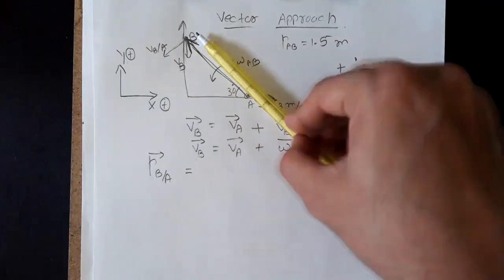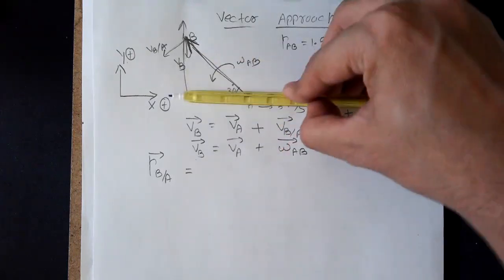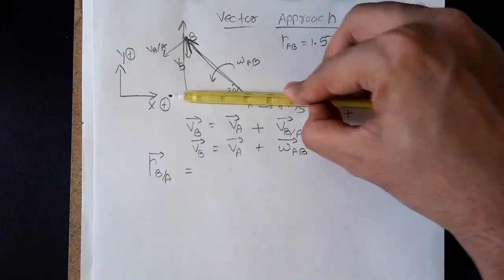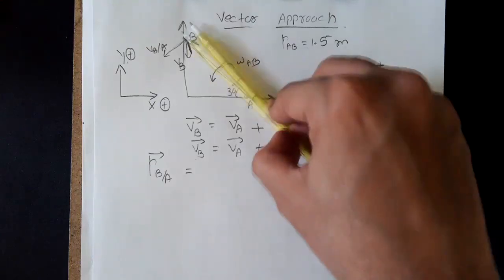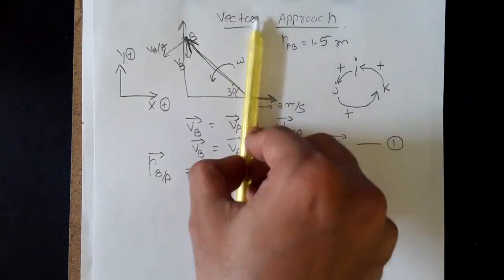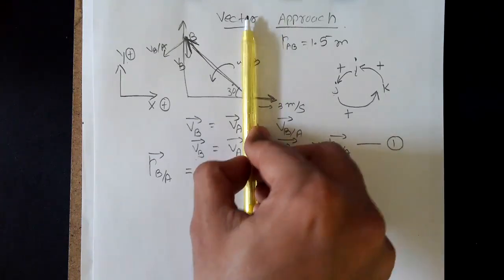So the i component or x component is 1.5 cosine 30 i, and it's going towards negative i, so we'll put a negative sign. And then the y component is 1.5 sine 30, and it goes towards positive y, so we'll put positive j.